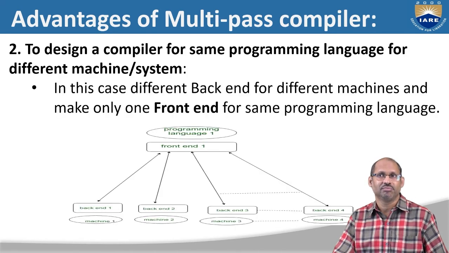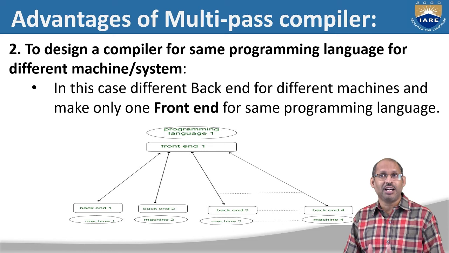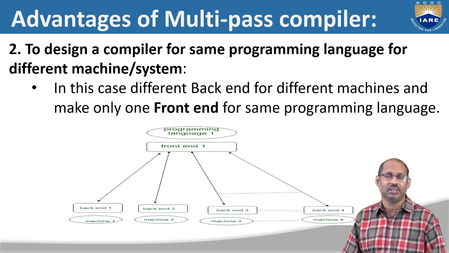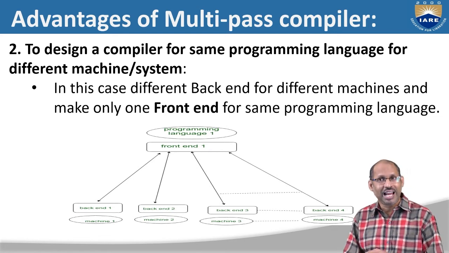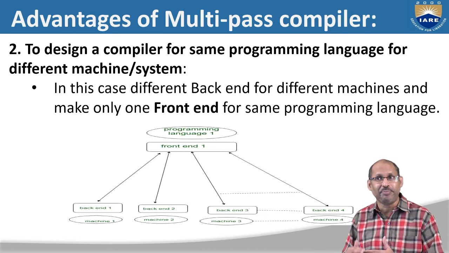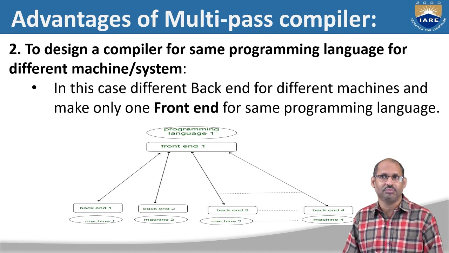Second one, to design a compiler for the same programming language for different machines or systems. Here the source language is the same, so the front end will be the same. It will convert the source language to the intermediate representation.